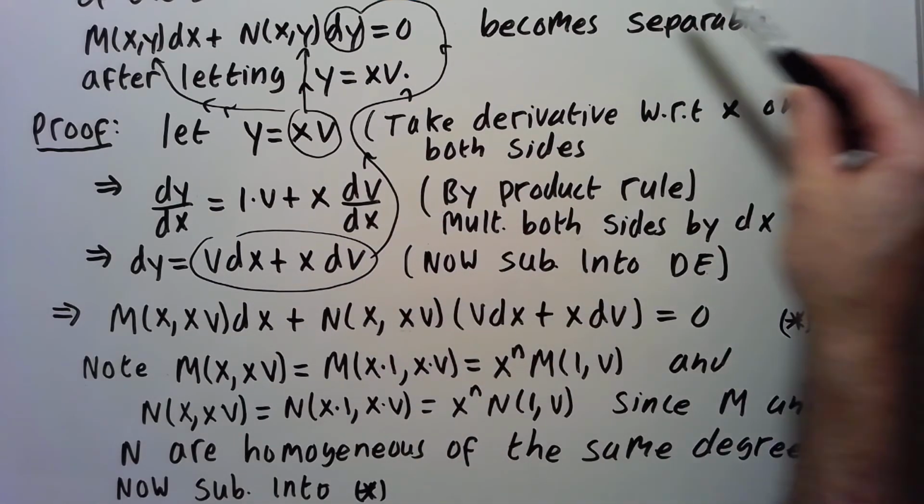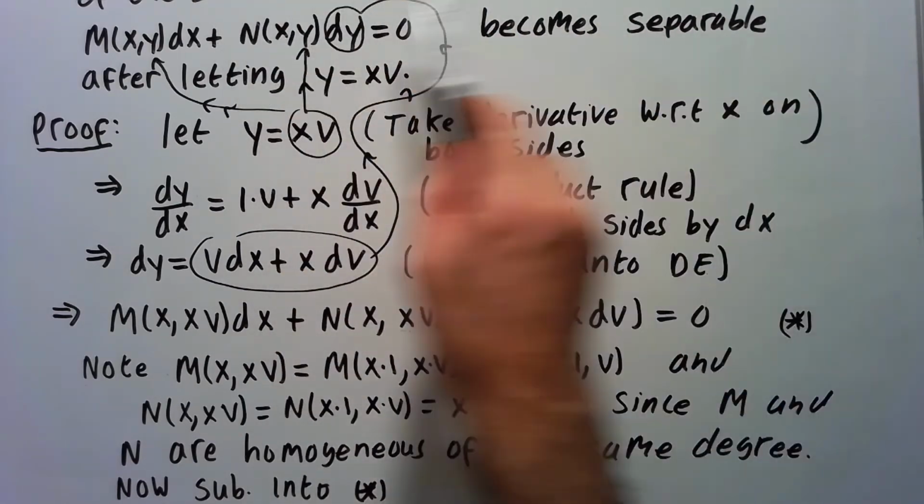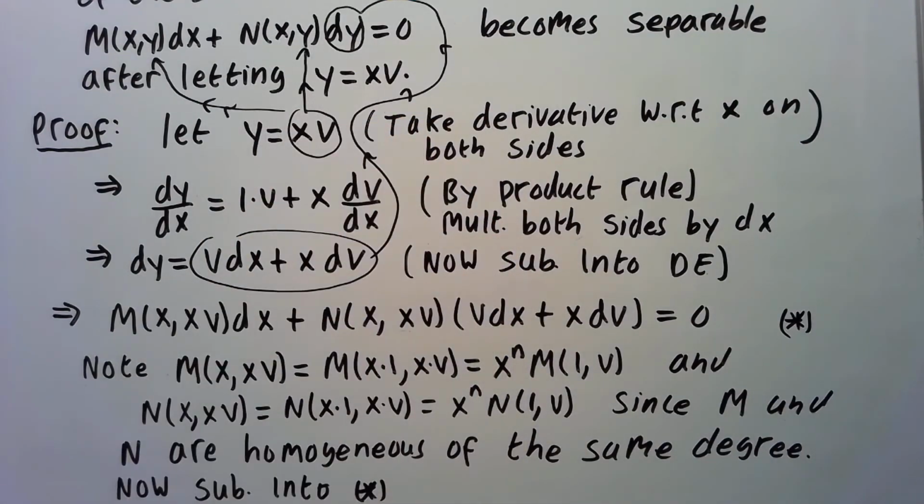Again, we're assuming that both M and N are homogeneous of the same degree. So therefore, N of (x, xv), you can think of as N of (x times 1, x times v). So you can think of the x as acting like the t. So you can pull it out, and it'll be x to the n, and then capital N of (1, v).